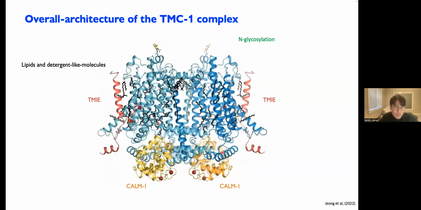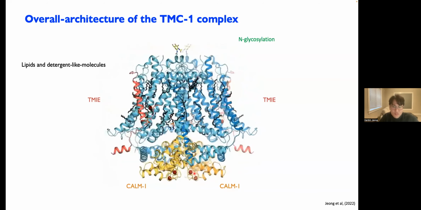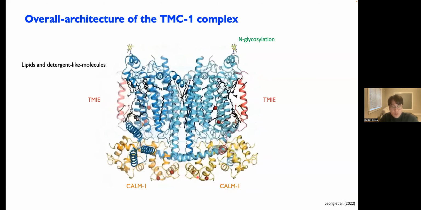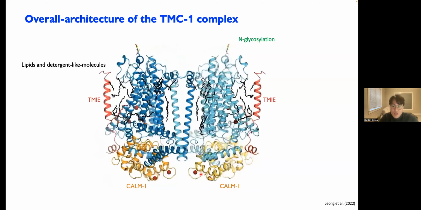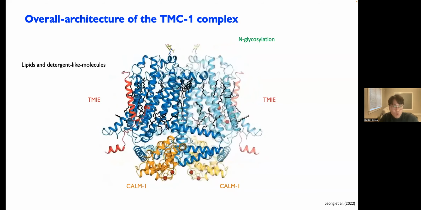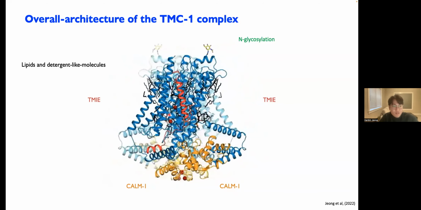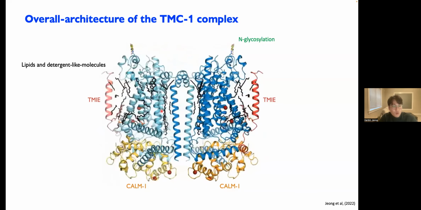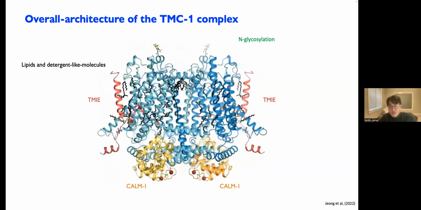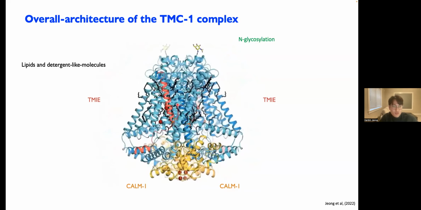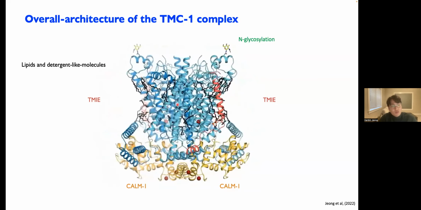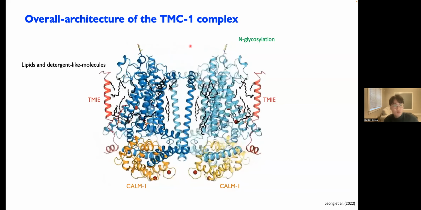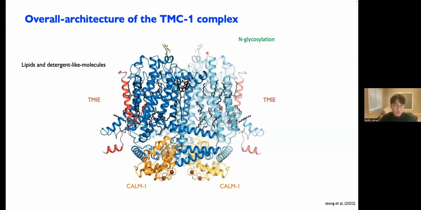And these small red spheres are calcium ions on the EF-hand motifs of CAM1 and TMC1's pore regions. And these black ball and stick are lipid or detergent-like molecules in the structure. And I also found the glycosylation site, glycosylation of asparagine here in green.